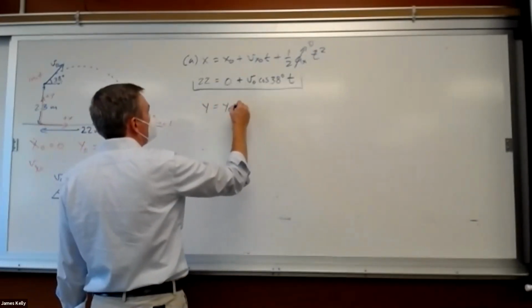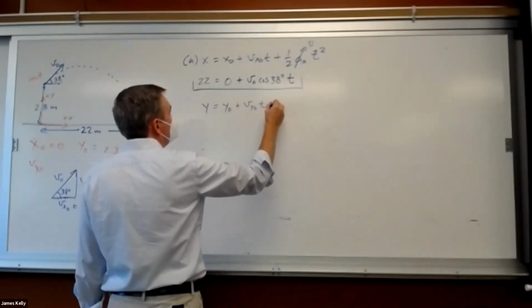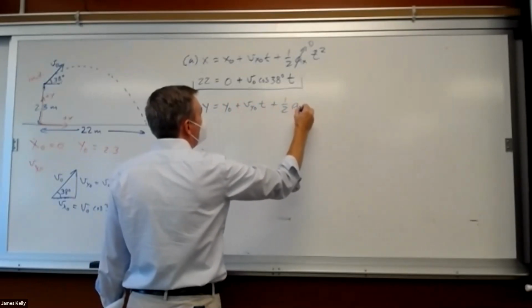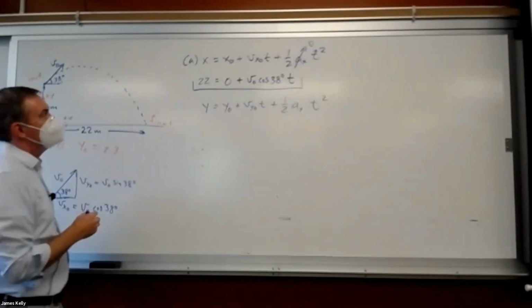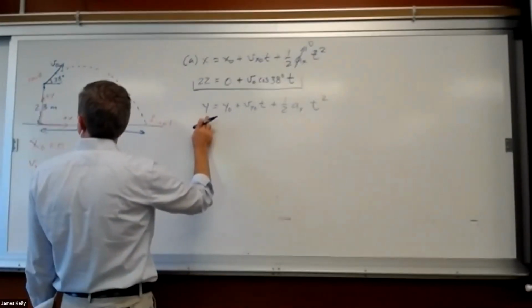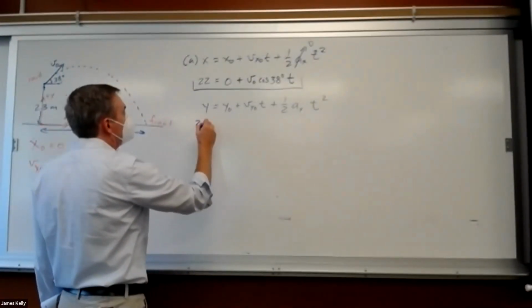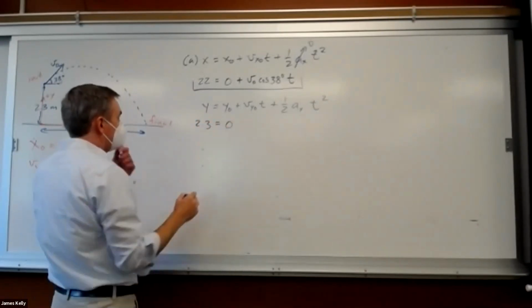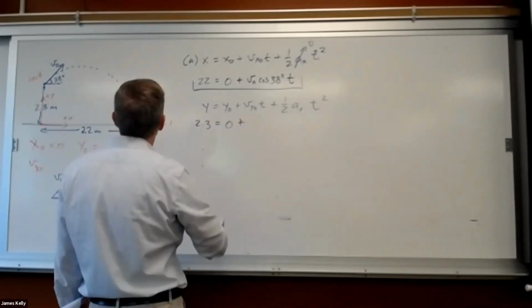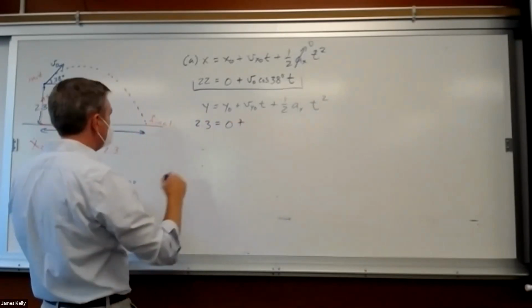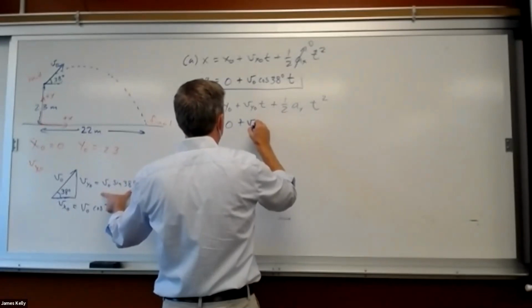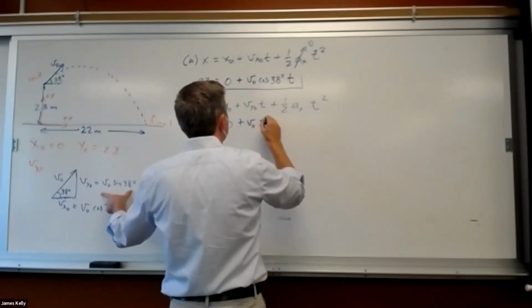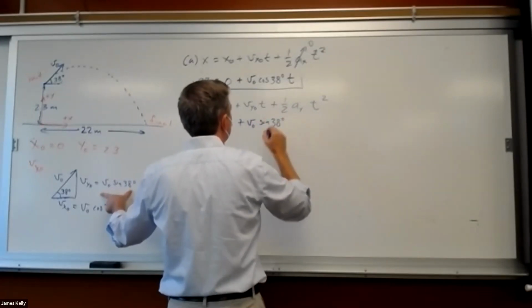Y equals y initial plus Vy initial t plus 1/2 ay times t squared. Y initial is 2.3. Y final is 0. Vy initial can be rewritten, again, in the same way we did before, as V0 times the sine of 38 degrees.